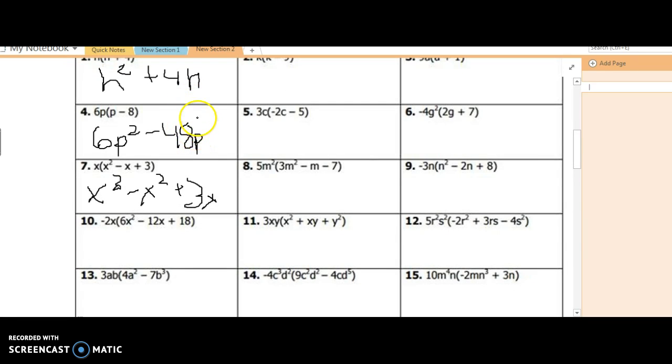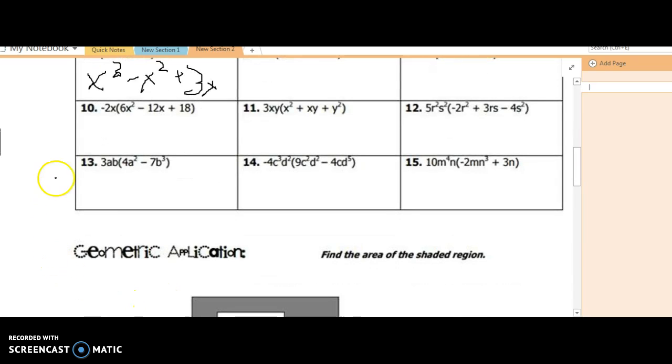All right. Let's do one more just to make sure that we have this down. So let's look at problem 13. So 13 is 3a times b times 4a squared minus 7b cubed.